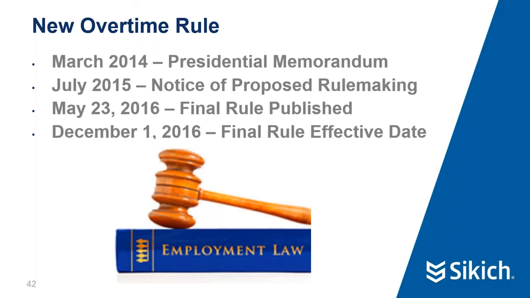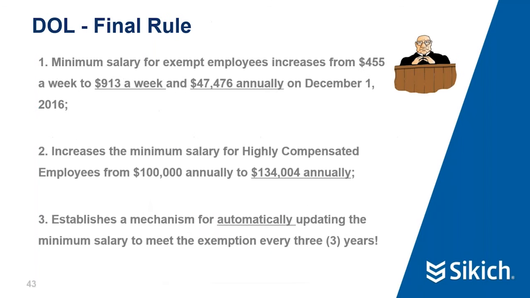In March of 2014, President Obama put into motion that he wanted this rule changed and made simplified, modernized, and updated. And that change has been done and will be effective December 1st of 2016.